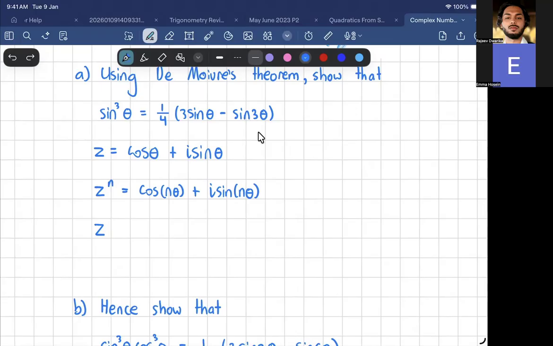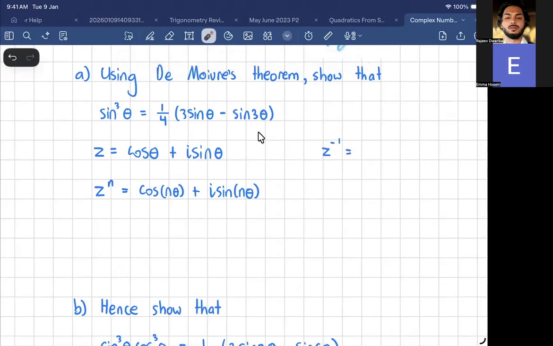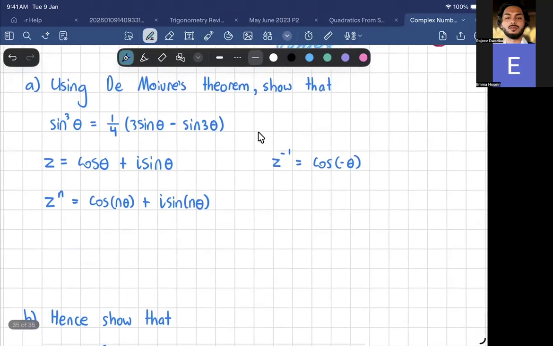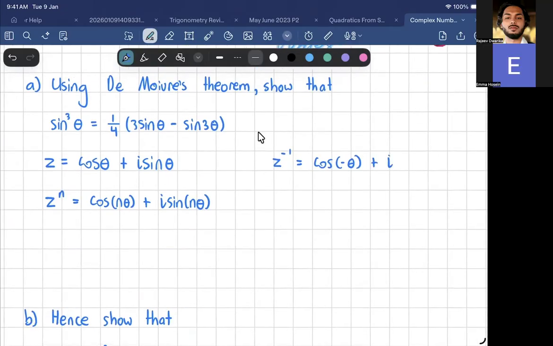Wait, I'm trying to wrap my head around what you're saying there. Z minus 1 on z. Oh, okay. Z to the power minus 1 on z. Yeah. So before we do that, let me just quickly find z to the power minus 1. Whatever we put the power to, we multiply the angle by that. So if it's z to the power minus 1, then that's going to be cos minus theta plus i sine minus theta.